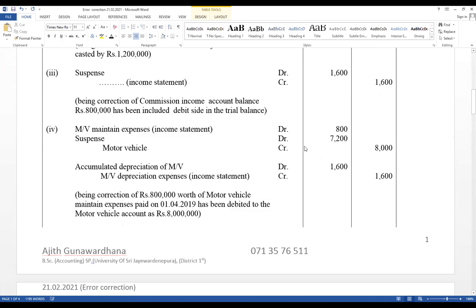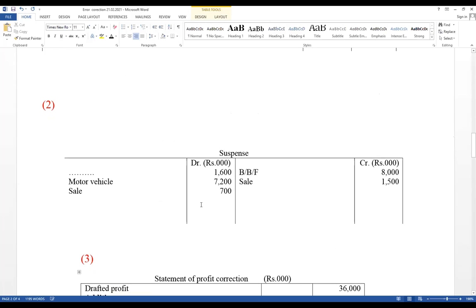Now complete suspense accounts. Take the total amount of the debit side. 1600 plus 7200 plus 700. Therefore, debit side total amount equal 9500.